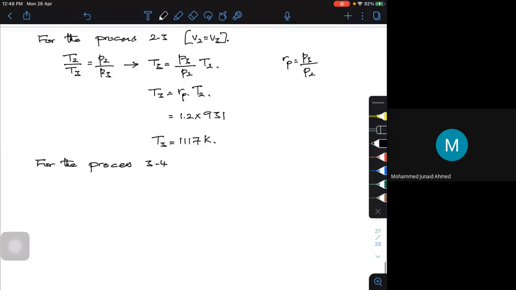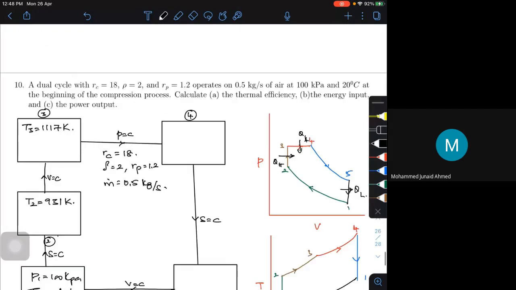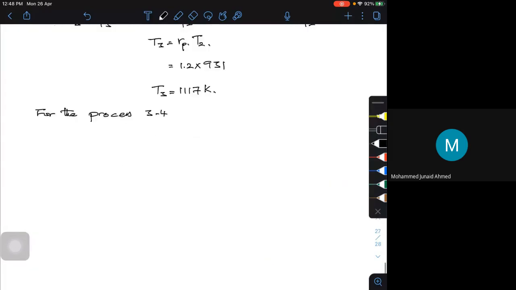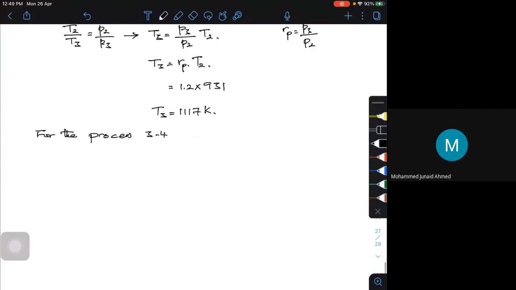So if we go back and see, for 3 to 4, P3 is equal to P4. So here I can write the cutoff ratio, rho is equal to V4 by V3, which is given in the problem statement. V4 by V3 they gave as 2.